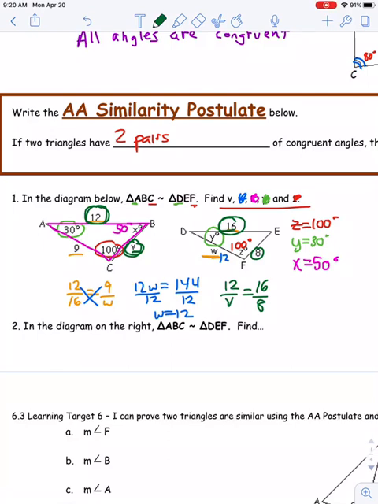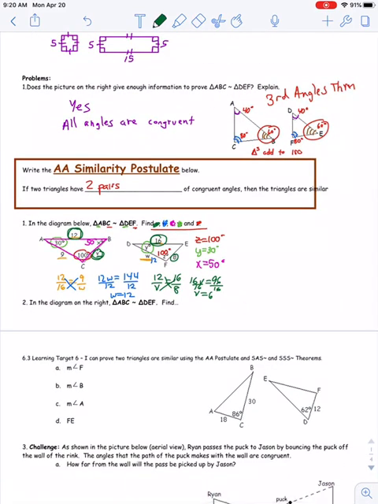And then we can just cross multiply. I'm going to get 16V equals 96. Then divide both sides by 16. And V equals 6. Boom. So it's really just angles congruent, sides proportional, and so on.